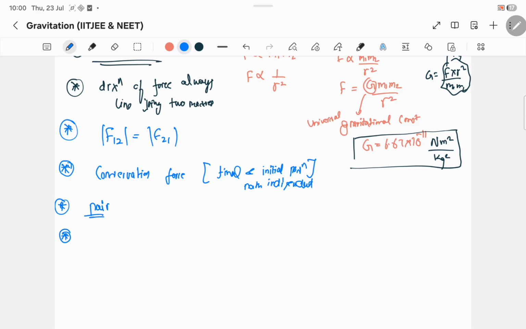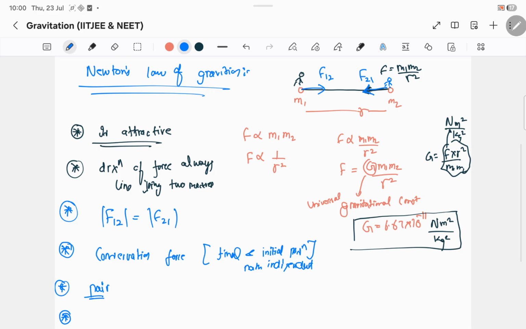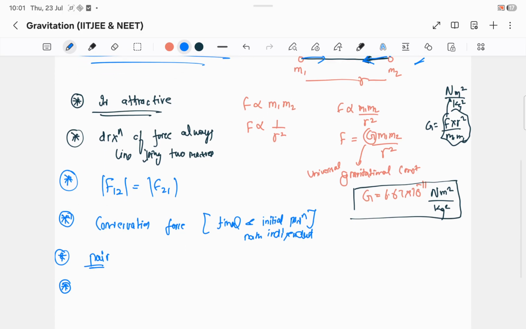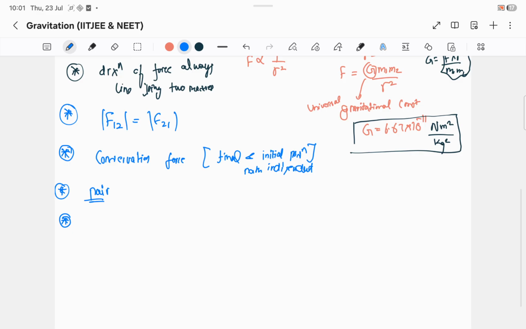And one more important point. There are two objects in this example I have taken, but Newton's law of gravitation says you take any two objects which have masses and some distance between them, they will always attract. There will always be an attractive force given by this formula. Any two objects you take in this universe, the room in which you are studying, the chair, the table, the water bottle, the notebook, the book, everything is attracting every other object which has mass, and there will be some distance between them.